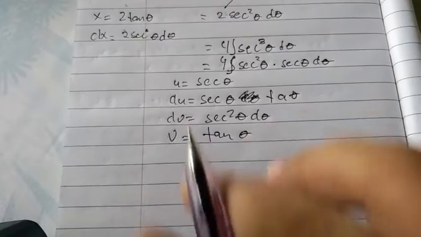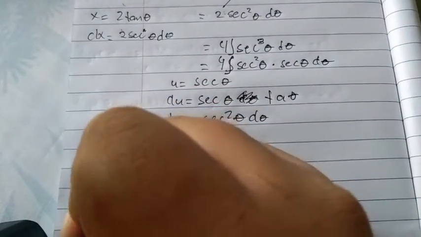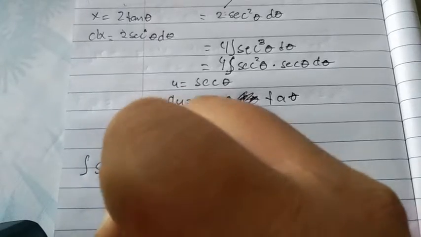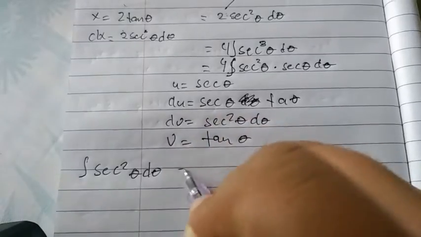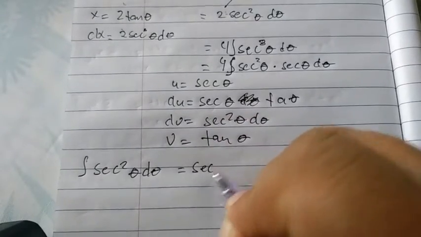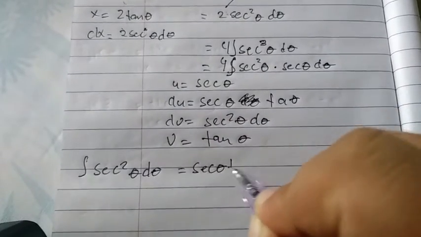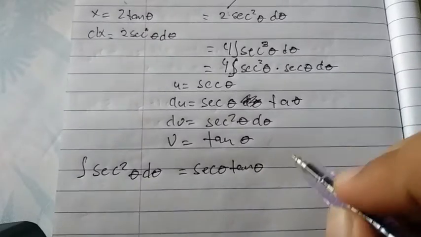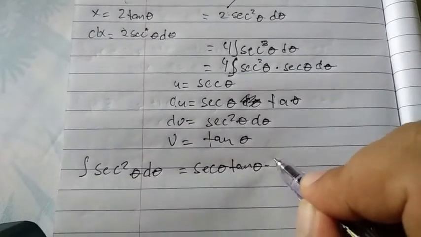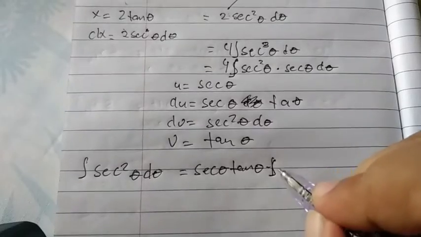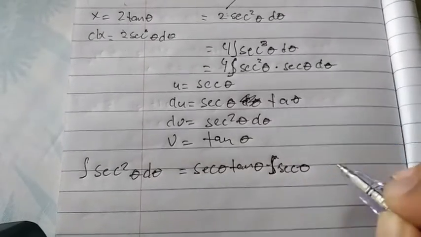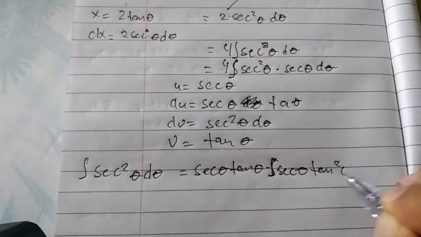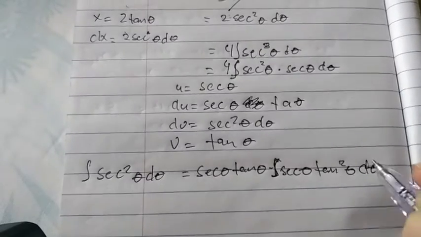And we're going to substitute it. This will be the integral of secant squared theta d theta equals sec theta tan theta minus the integral of sec theta tan squared theta d theta.